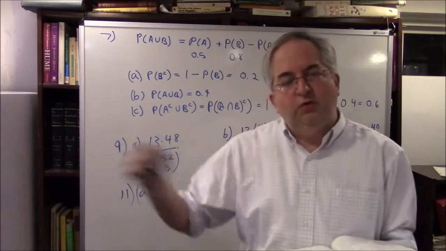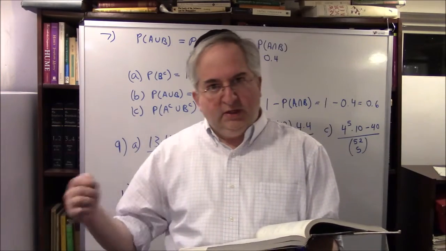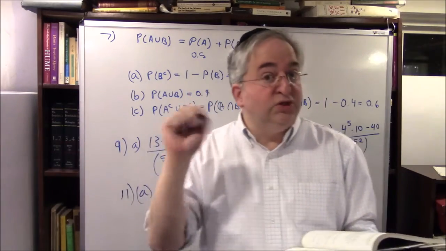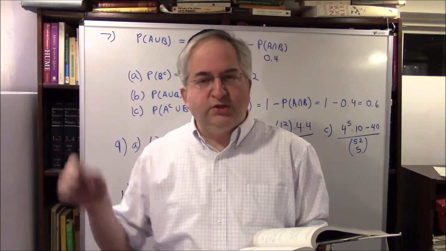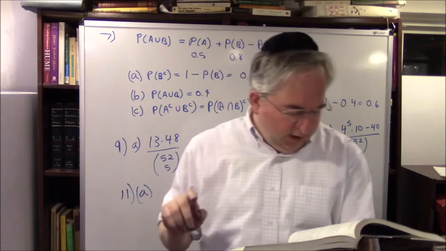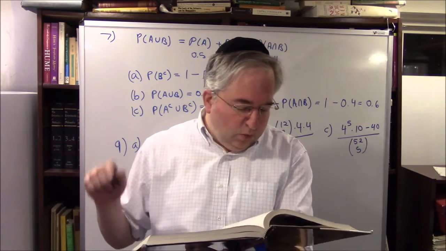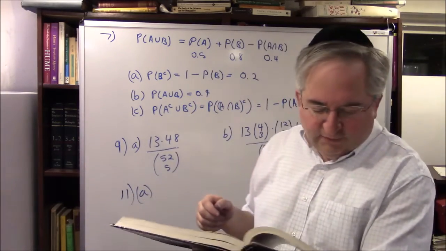Each die, you roll it, and it's going to be either 1, 2, 3, 4, 5, or 6. But you have 2 dice, and the point is you can tell them apart. You can do the same exercise if both dice are the same color and you can't tell them apart, it's a good test question. But you have a black die and a red die tossed, as in example 5. What is the probability that the sum of the values is even?